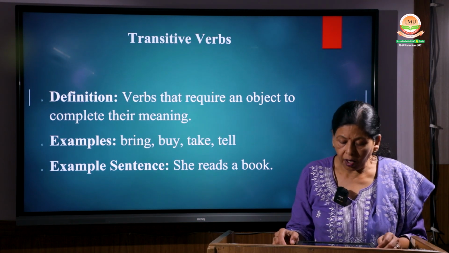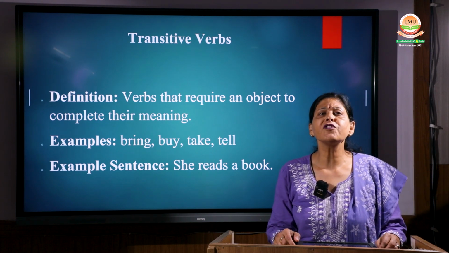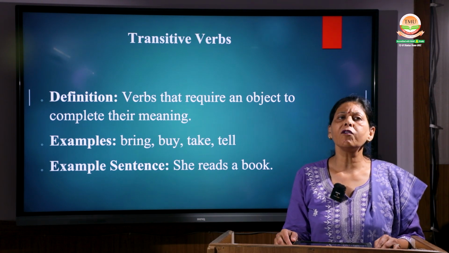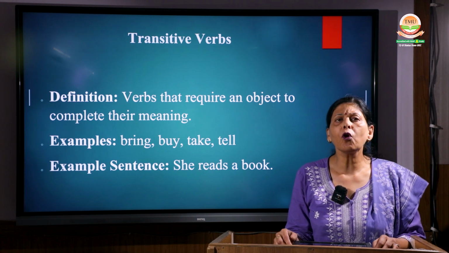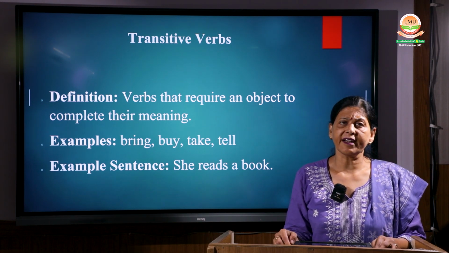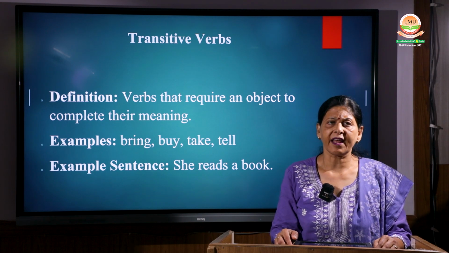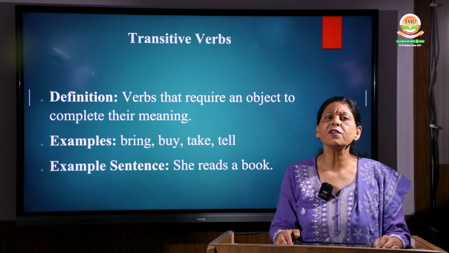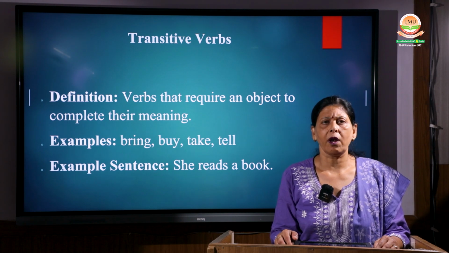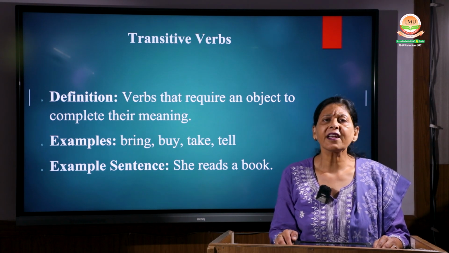After the helping verb, the next type of verb which we will discuss here is the transitive verb. The transitive verbs are the verbs which take an object after them in the sentence when they are placed in the sentence. Now I will explain this with the help of an example. The boy kicked the ball.